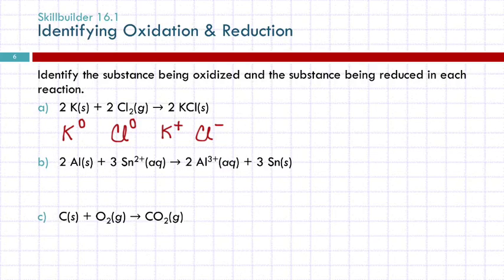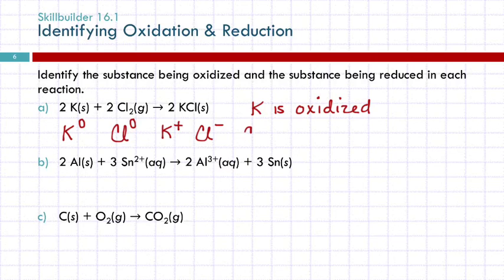Which one is, let's see, oxidation is loss of electrons. Which one is losing electrons? Potassium. Remember, electrons are negative. If you lose a negative, you become more positive. So potassium is being oxidized. Which one's being reduced?